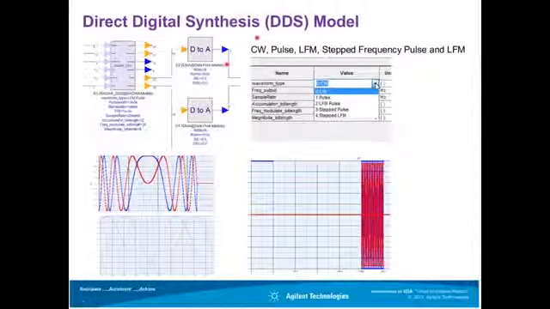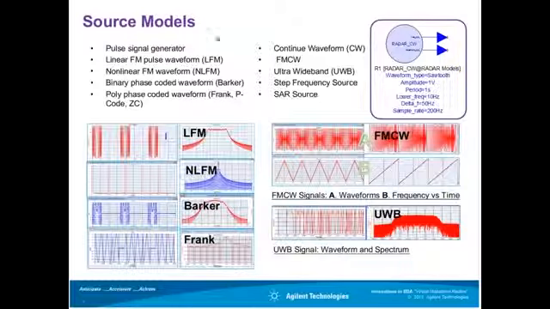Okay, firstly, let's look at the source models. Signal source in the SystemVue design schematic page, you will see some symbols like that. We provide different signal sources for you, including the list here: linear, nonlinear, coded sources, and also continuous waveform, wideband, step, and star source here.